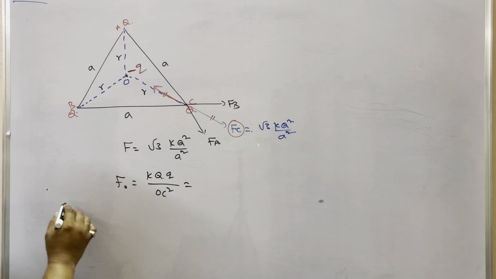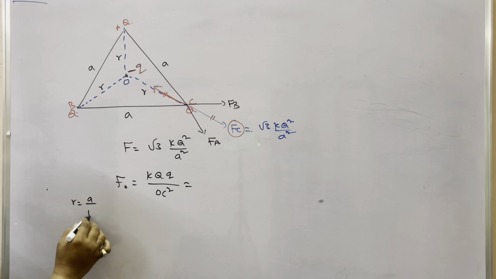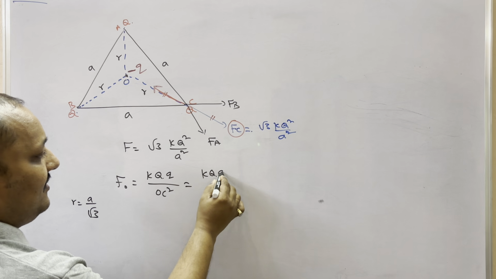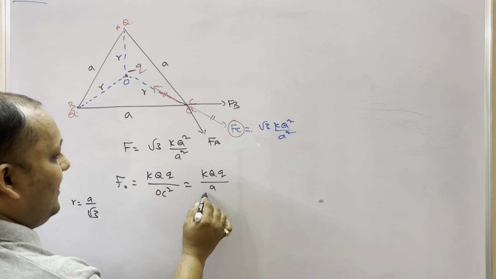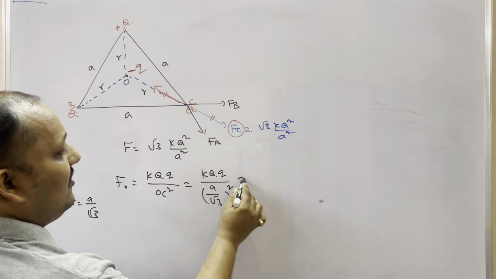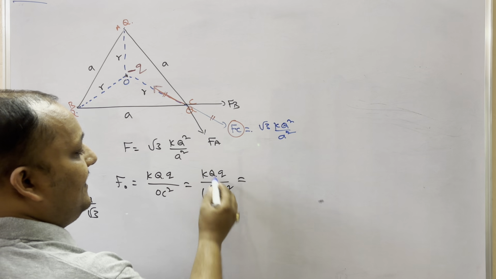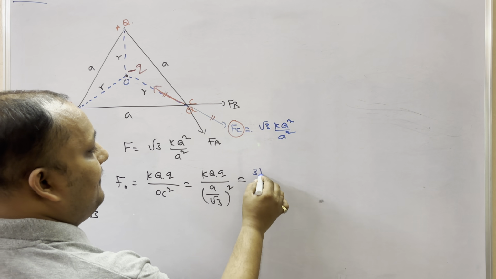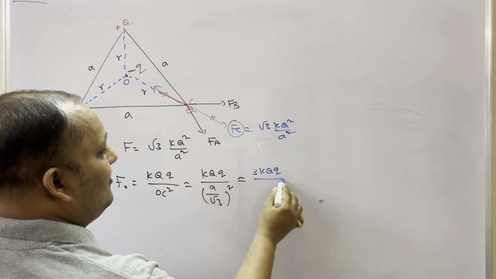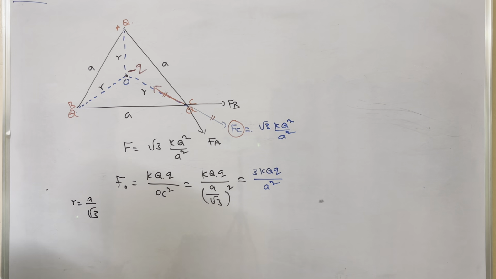Did you remember? What is that small r? Small r is nothing but a by root 3. Therefore, K into capital Q small q by a by root 3 whole square. So if we rearrange this, 3 K into small q into Q by a square.